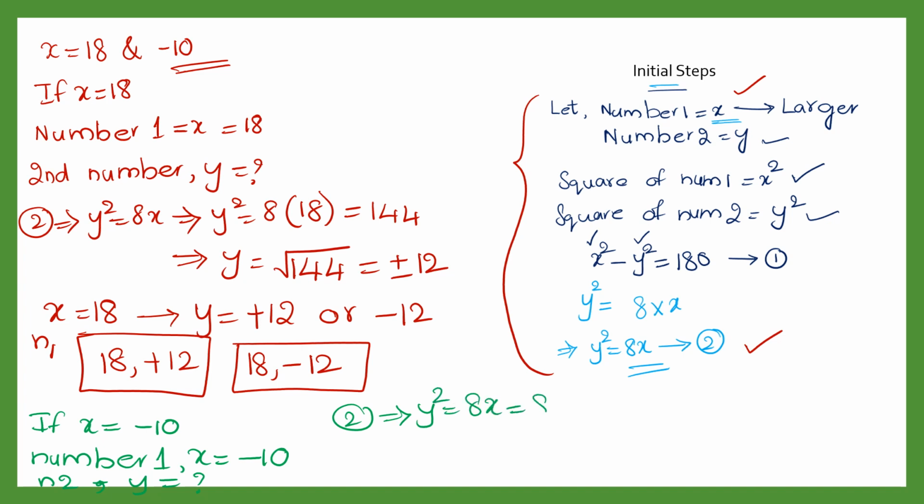That means 8 into minus 10. You get minus 80. Y square is equal to minus 80. Then you get y equal to plus or minus root 80.